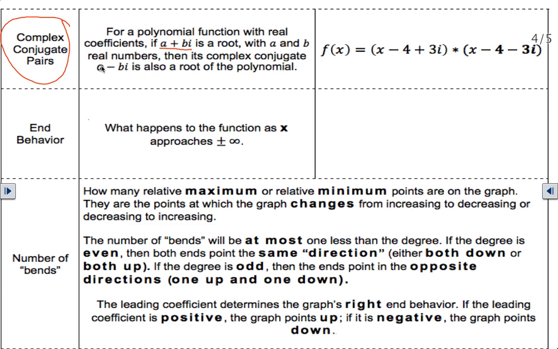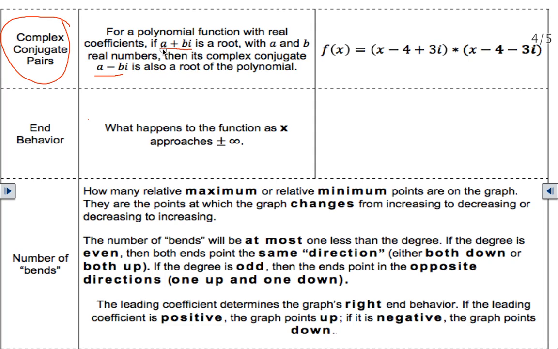Basically what it means is that if you have an imaginary solution, and we'll cover imaginary solutions later on, but if you have one imaginary solution, then you have to have two imaginary solutions. Notice A and B are just numbers. It could be a 2, a 3, or 4, whatever. It doesn't matter what they are.